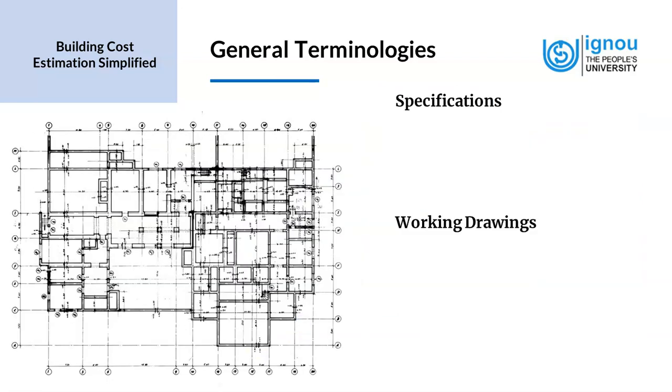Now we look at two other concepts which are very relevant for estimators. One is the specification and one is the working drawing. Both are of utmost importance to an estimator.